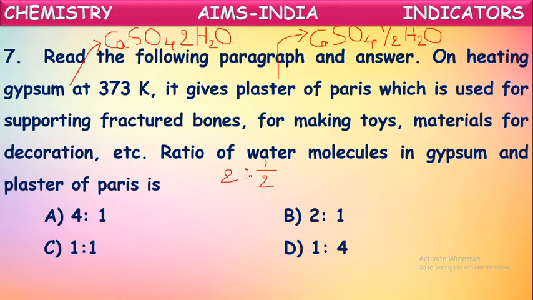This is the number of water molecules in gypsum and plaster of Paris respectively. Now the ratio of these two, 2 is to half. We cross multiply, so it becomes 4 is to 1. That is the first option. Okay, that is the ratio.